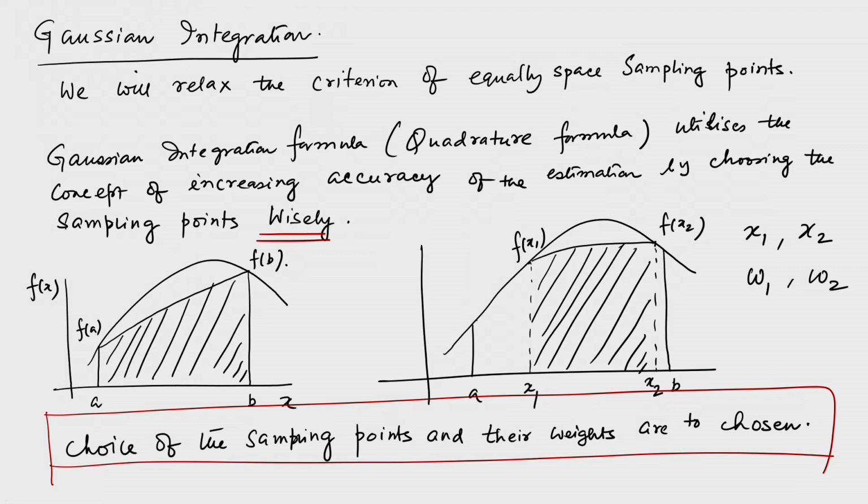There is no guarantee that by choosing the weights arbitrarily, you would be able to generate a better estimation than what is given by the trapezoidal rule, but there is every chance that if you properly choose W1 and W2, it will give you a better estimation. Let us see how it can be done by an example.